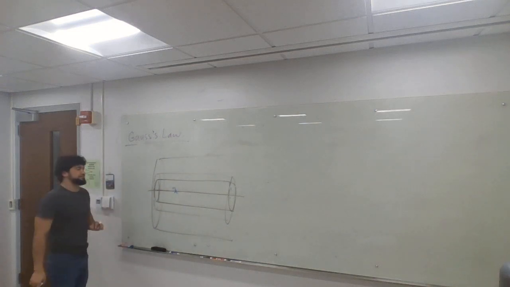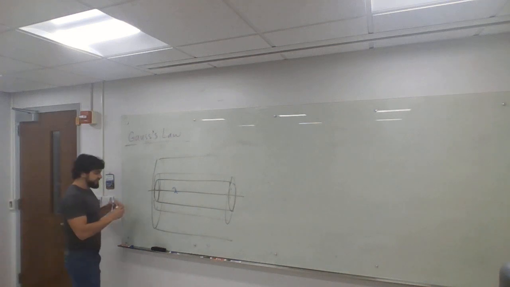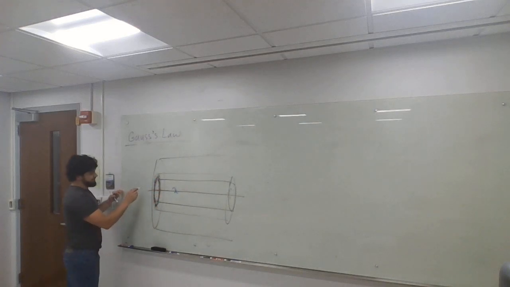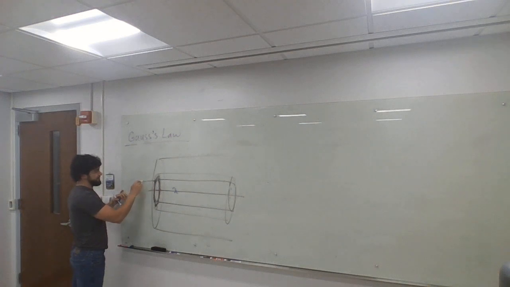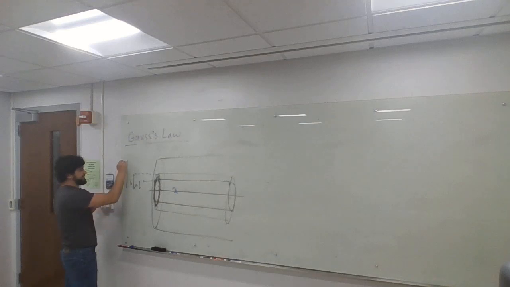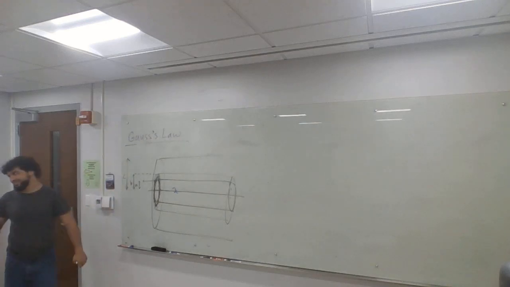This solid cylinder is of radius from A to B. Okay, this is A, and this is B, and this is C, and this is ocean. Just kidding.